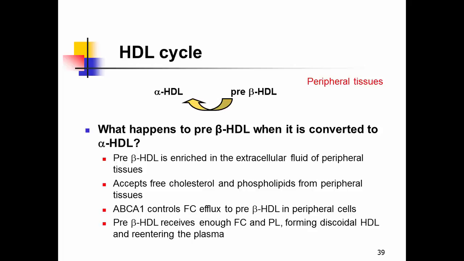The small HDL or discoidal HDL contains some free cholesterol and apoproteins, but the size is smaller because in the plasma, the alpha HDL continues to receive cholesterol esters from LDL through the exchange process between LDL and HDL.